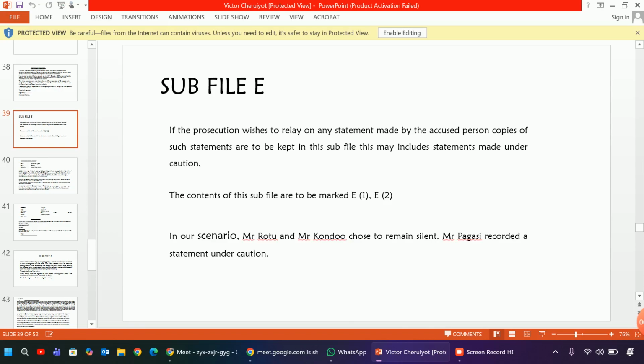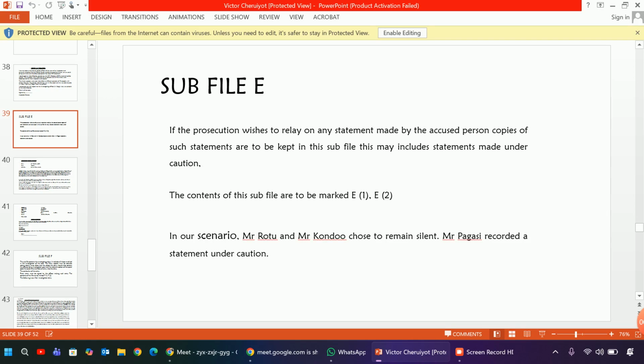I've said that this subfile contains three types of statements. One, the plain statement of the accused. The accused wishes to write the statement concerning the incident, just as it is, as plain as it is. Then the other one will be the charge and cautionary statement.